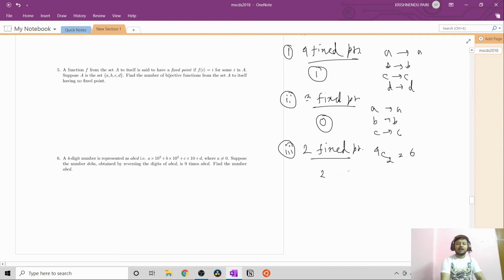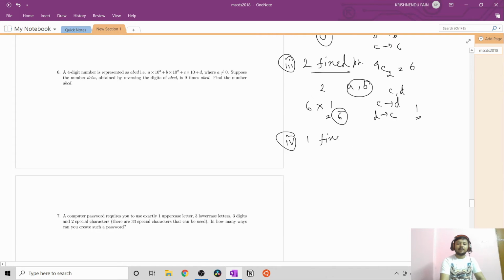Suppose we choose A and B to be the fixed points, then we have C and D remaining. So C will map to D and D will map to C. I am giving just one example. So this can be possible in one way. So the total number of ways with 2 fixed points is 4C2, which is 6, times 1, so it is 6.